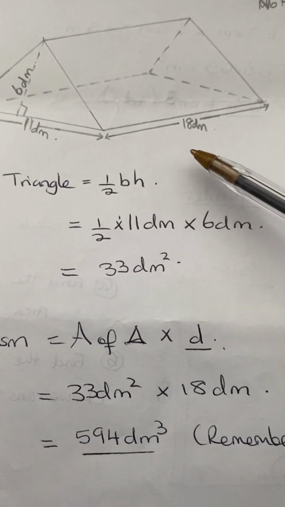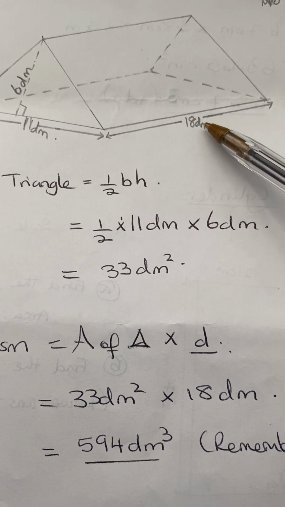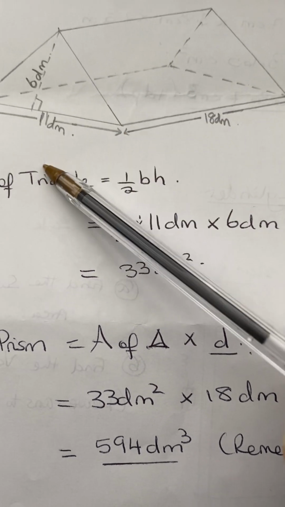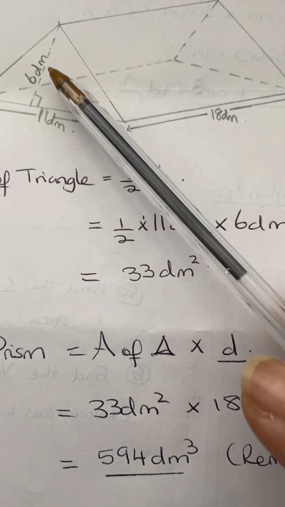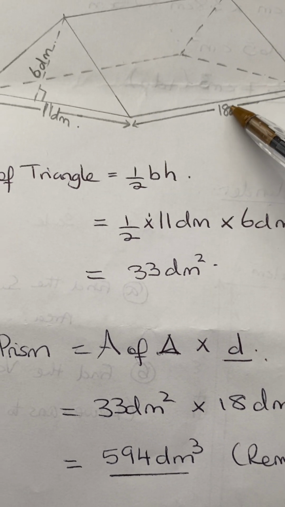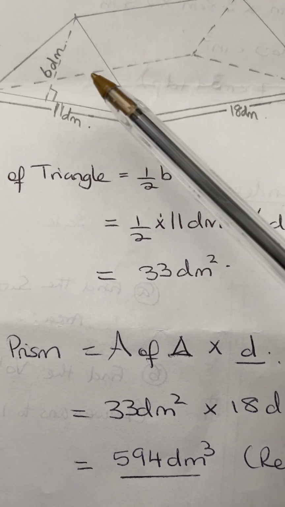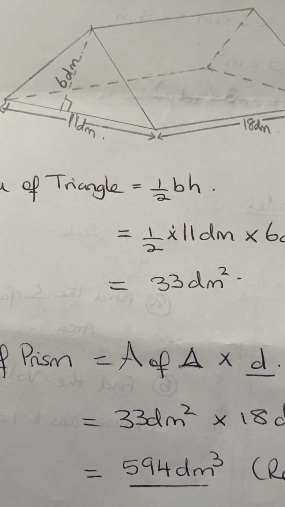So the length of the prism is 18 decimeters. Note, all the units are in decimeters, but assuming we had centimeters and meters, then we have to change it into 1 unit. We have to have 1 unit, otherwise the answer will be wrong.